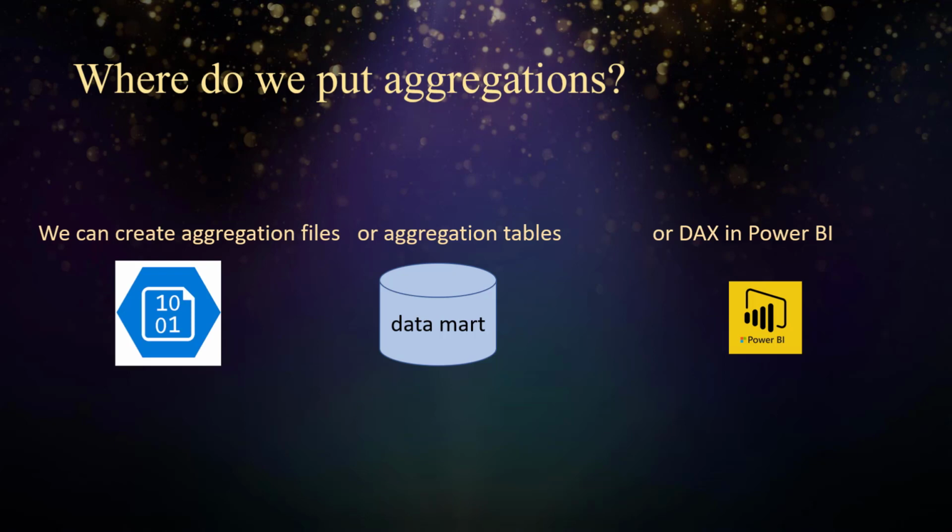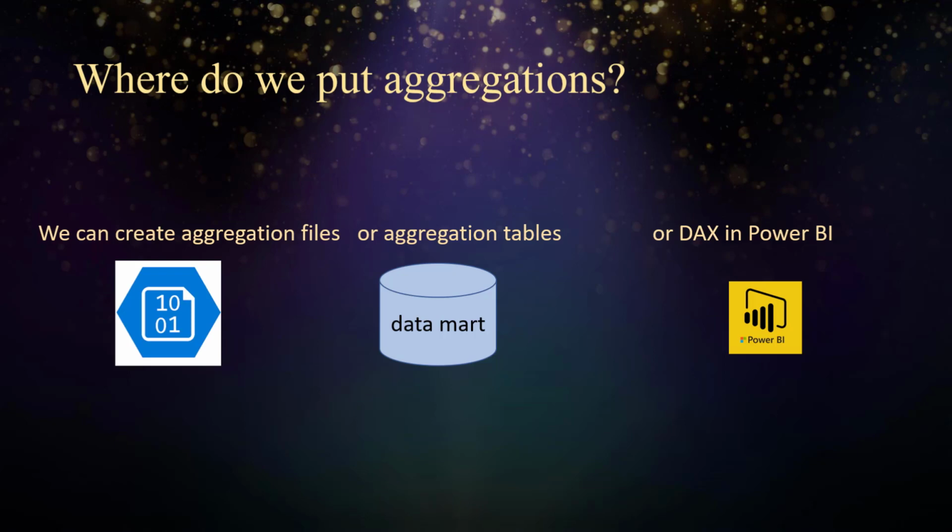Or we can create tables that are aggregation. So this would be like sales by year, sales by month, sales by day, can exist in the data mart in SQL Server if you'd like. Or you can build DAX in Power BI that does those measures and calculations for you.